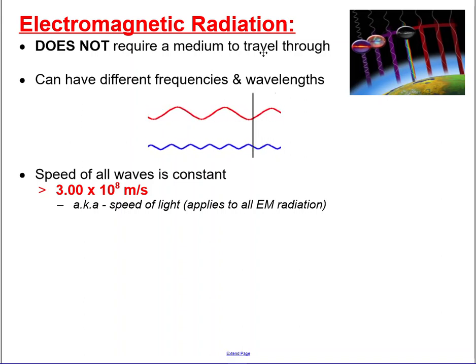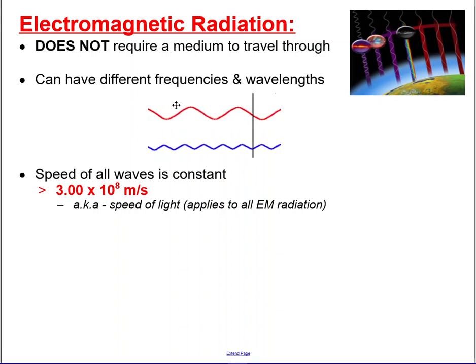Electromagnetic radiation does not. That's why light, which is an electromagnetic wave, can travel through the vacuum of space because there's nearly nothing in space for it to travel through, and yet clearly light, electromagnetic waves in the form of light from the sun can get to Earth. Okay, so that is the big difference between them.